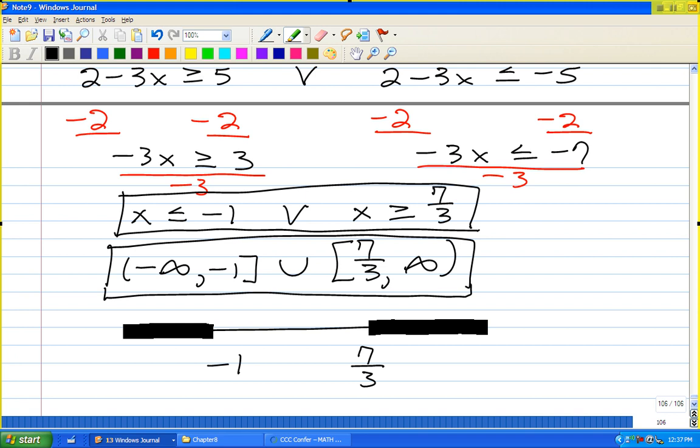So it includes negative 1. It includes 7/3. Everything above 7/3. Everything below negative 1. And that is your answer.